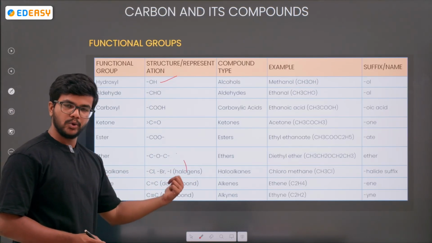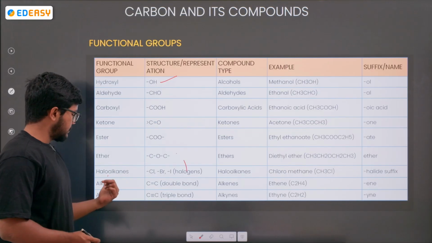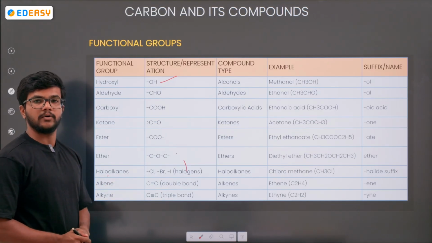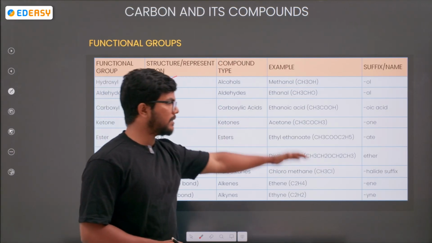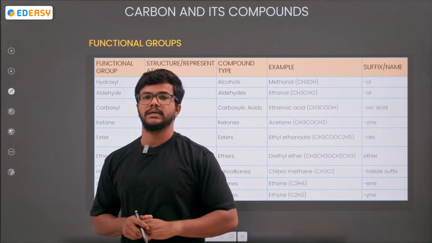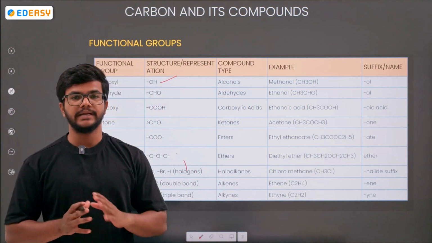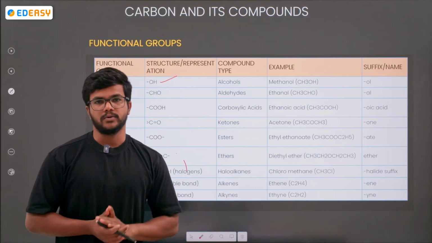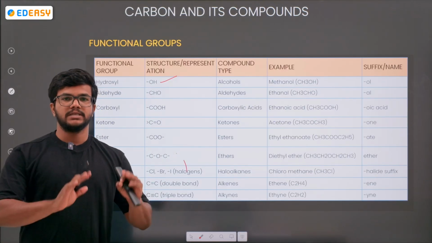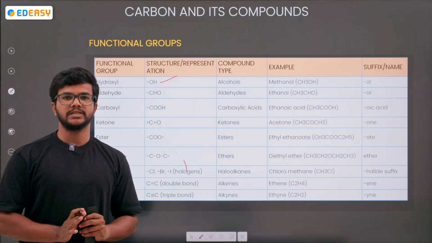Haloalkanes are chlorine, bromine, iodine; alkenes are double bonds, alkynes triple bonds. Okay, these are the examples for them, and the suffix names. These functional groups we will discuss again in detail in the nomenclature while naming the compounds. So this is just a brief introduction about the functional groups.